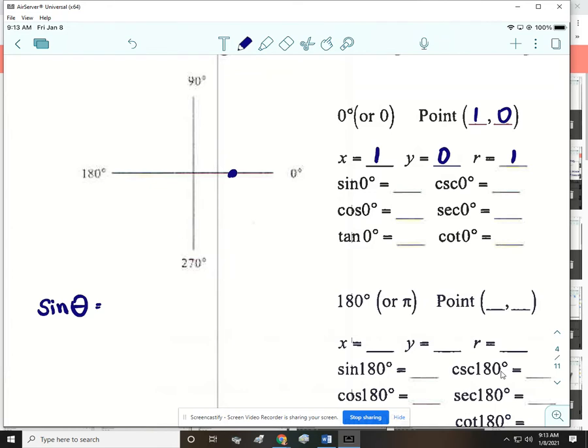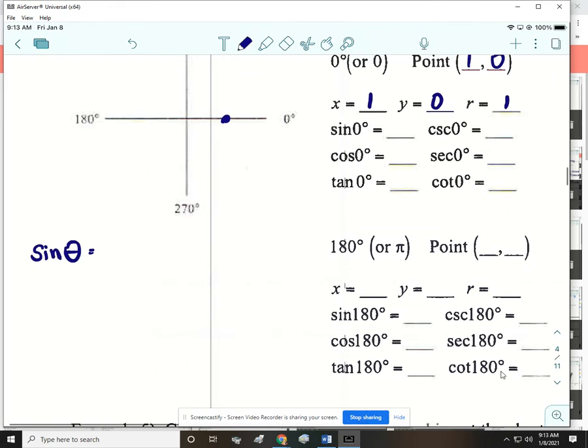If we want to find the sine of an angle using x, y, and r, it's y over r. The cosine of an angle is x over r. And the tangent of an angle is y over x. So we'll use the x, y, and r we just talked about.